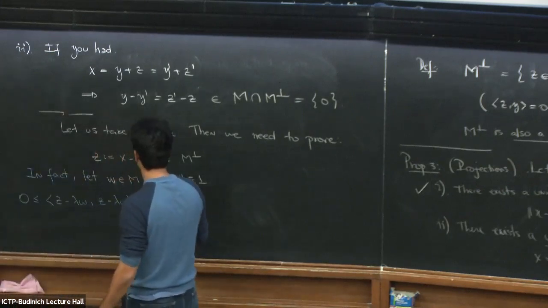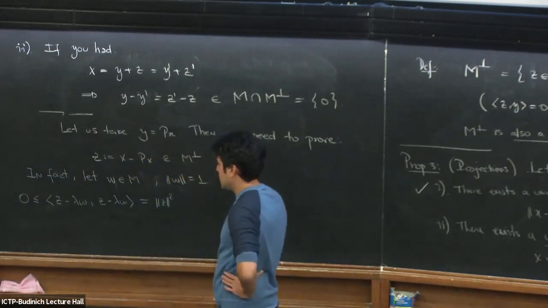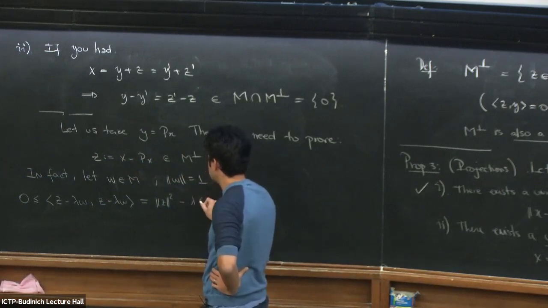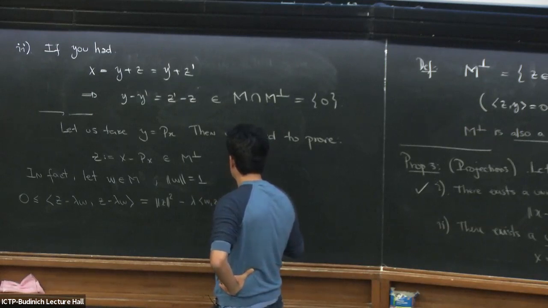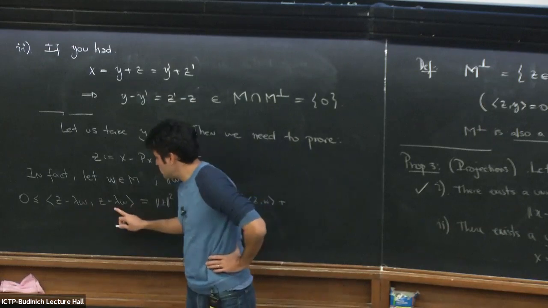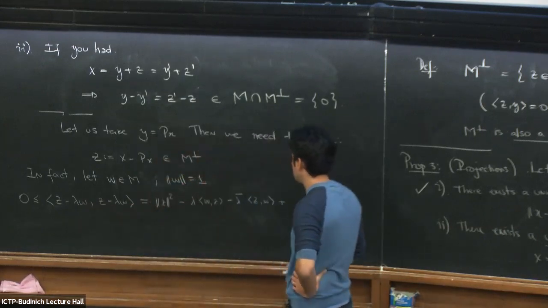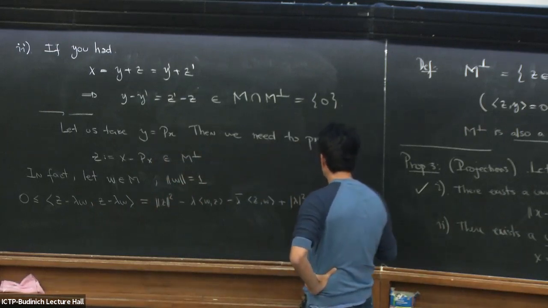This is norm of Z square. And this is going to be minus lambda WZ, minus lambda bar ZW, plus lambda square, and then the norm of W that I'm assuming is 1. So I get modulus of lambda square. So lambda here is a complex number, okay?